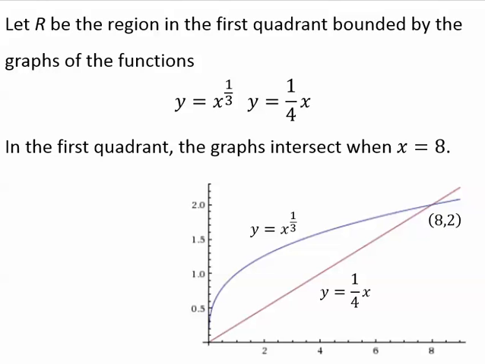In the first quadrant, the graphs intersect when x equals 8 and y equals 2. As I said, to revolve about the y-axis, we need to reverse the roles of x and y. So we need to write x as a function of y.